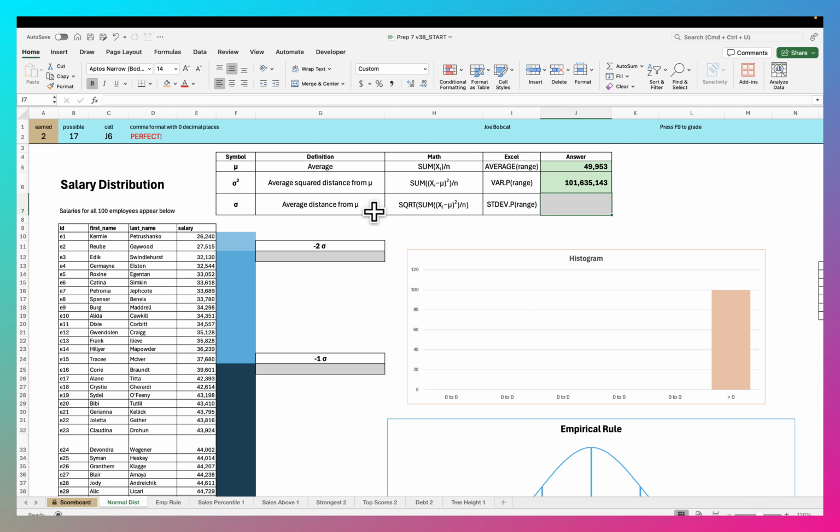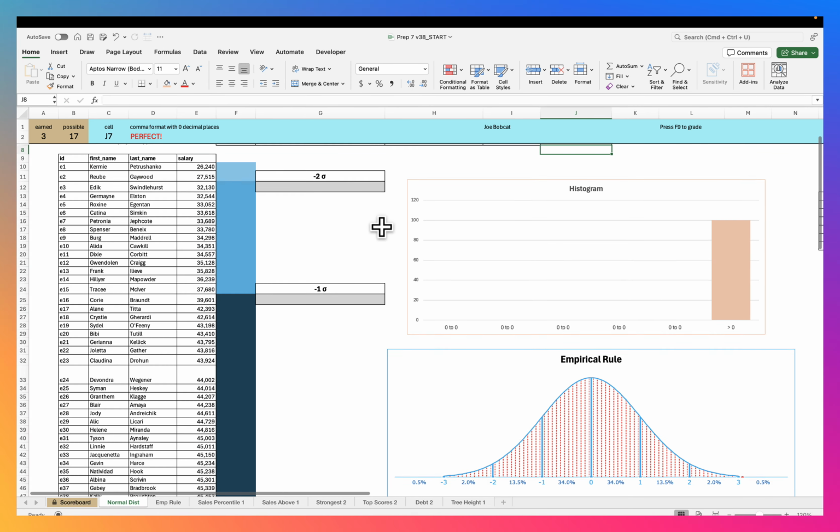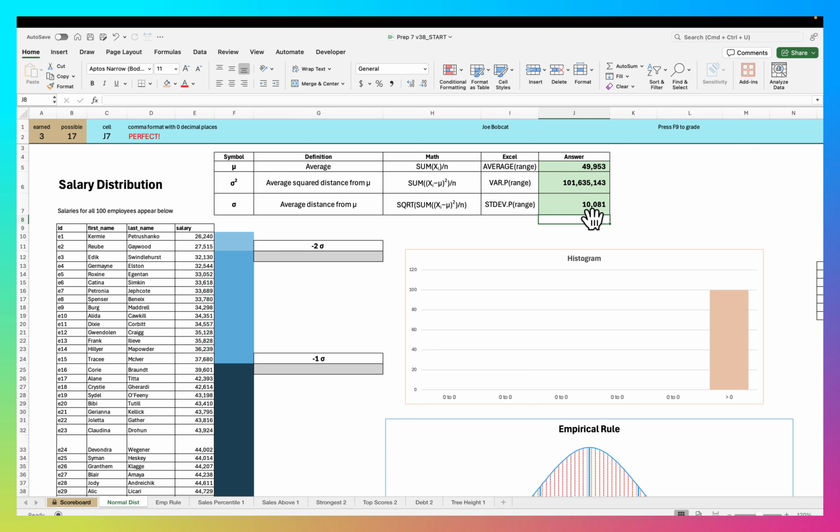And that's why we go with the standard deviation, which is effectively the square root of that number, but it does have its own function. So it's STDEV.P, and then the same range. So it's 10,000.